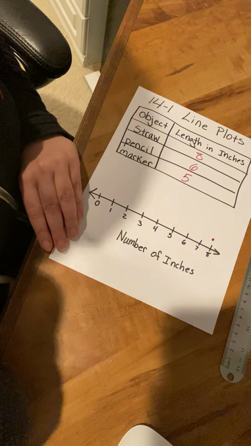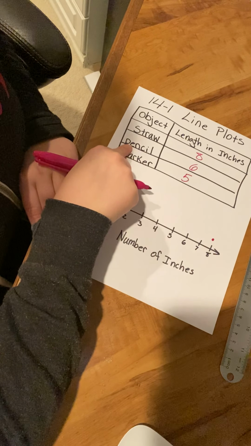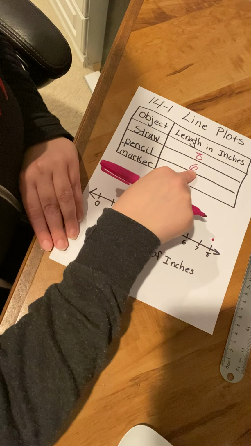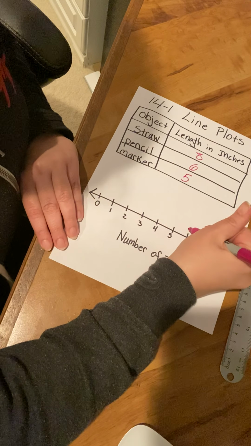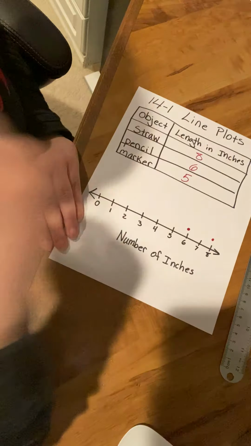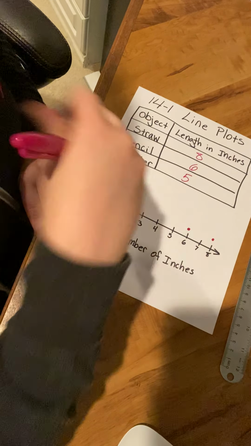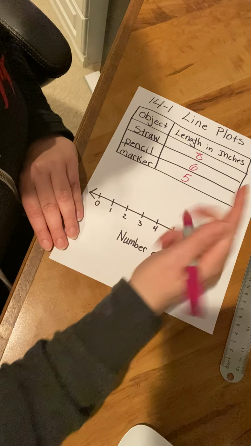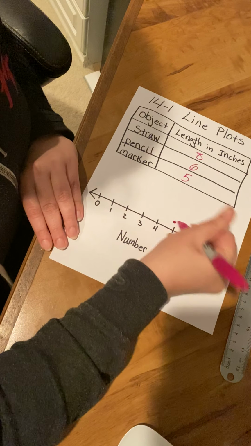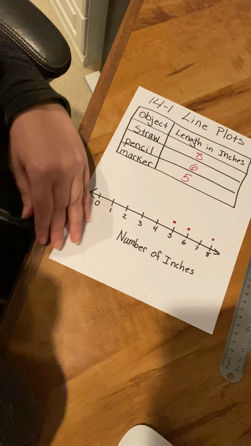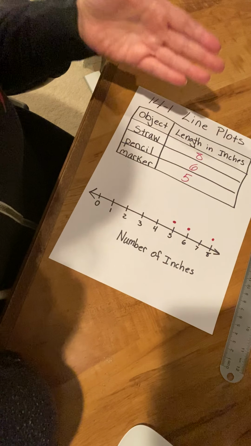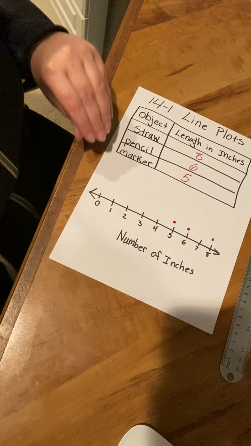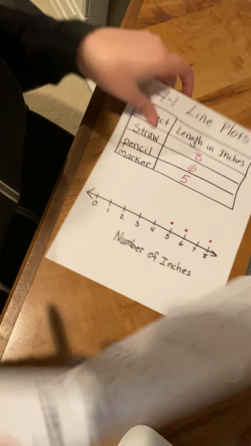That's it, a little dot. Then I'm going to go to pencil. What was pencil? 6. So I'm going to go to 6 and give myself a little dot. And finally I had my marker. That was 5. And I'm going to plot my dot. So that is how you plot numbers on a line. Okay, let's try some more.